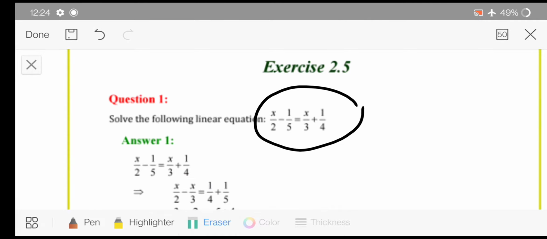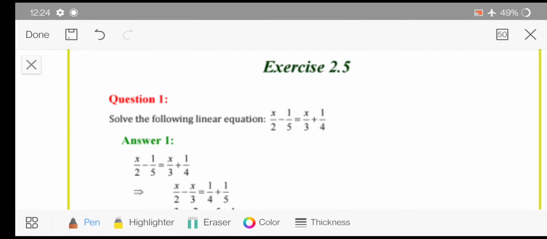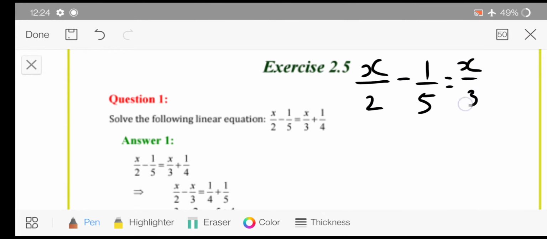So let's try to understand how to solve this. x upon 2 minus 1 upon 5 is equal to x upon 3 plus 1 upon 4. As I told you, dear students, here you will apply two concepts: the concept of solving an equation, and the other is addition and subtraction of fractions.